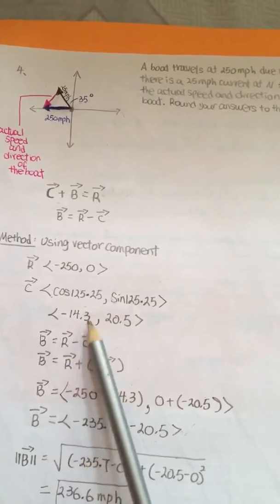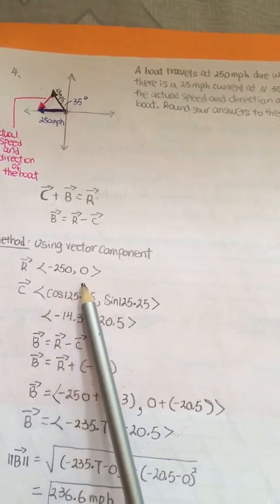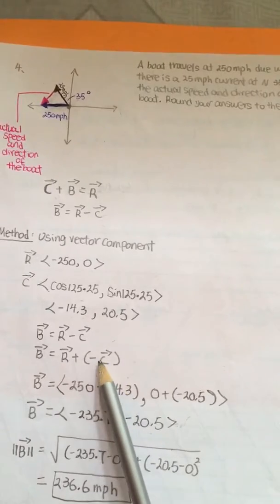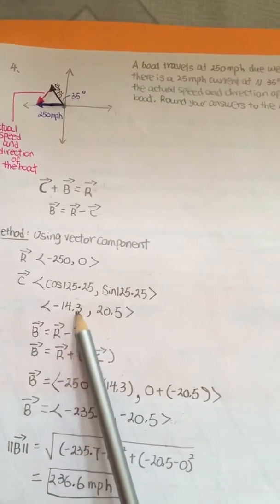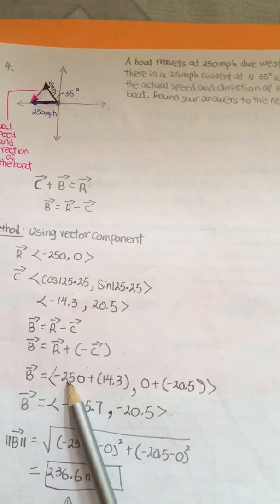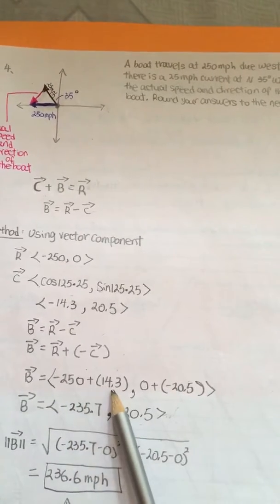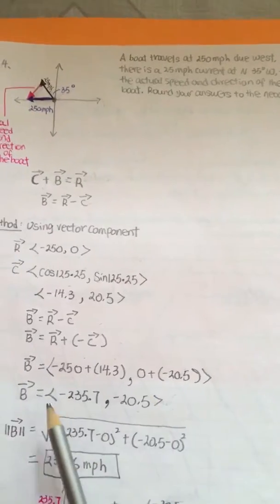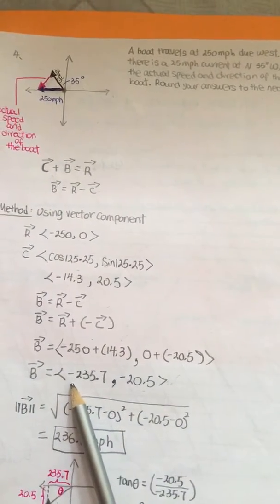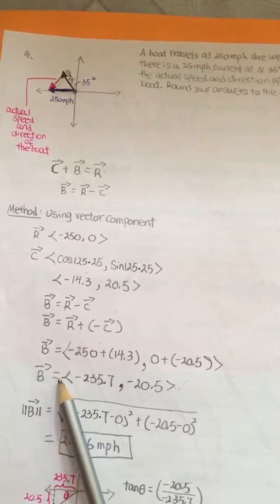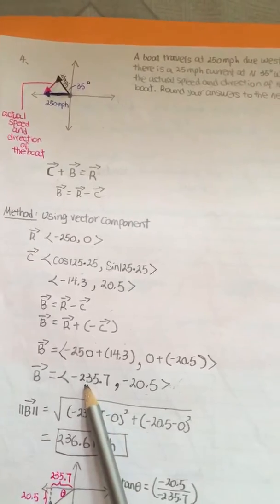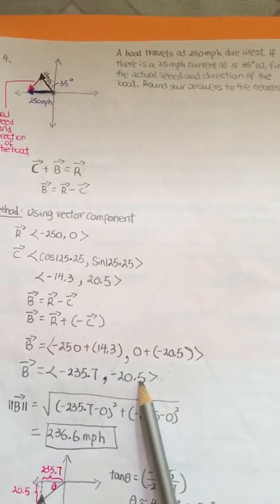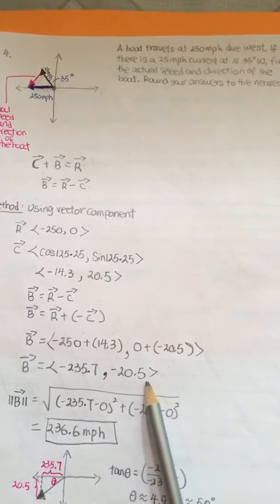The x components are negative 250 and then negative 14.3, but since I have to reverse the sign of the second vector, it's going to be negative 250 plus 14.3, and then I did the same thing for the y component. And so for the components, I have that the actual velocity of the boat is going to be negative 235.7, and then the y component is negative 20.5.